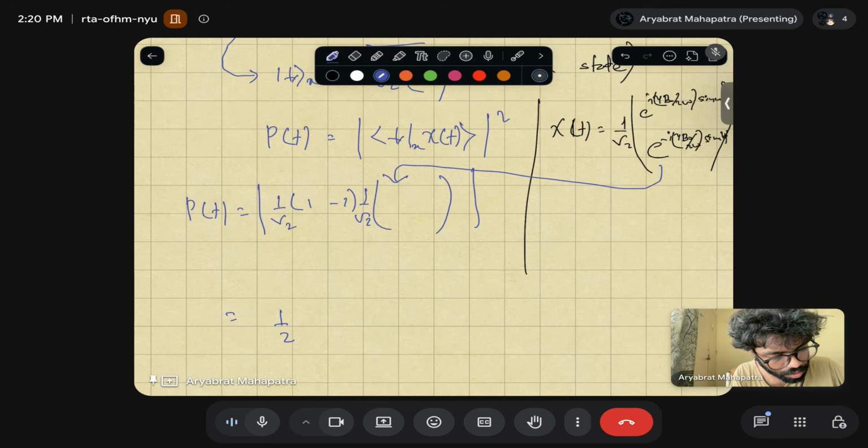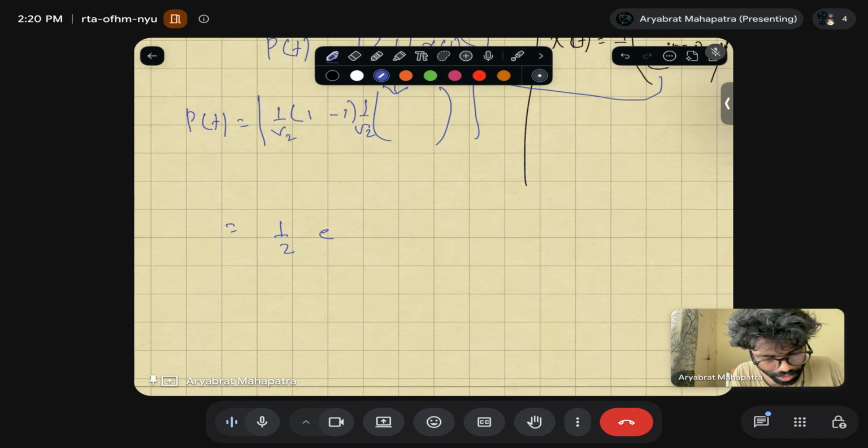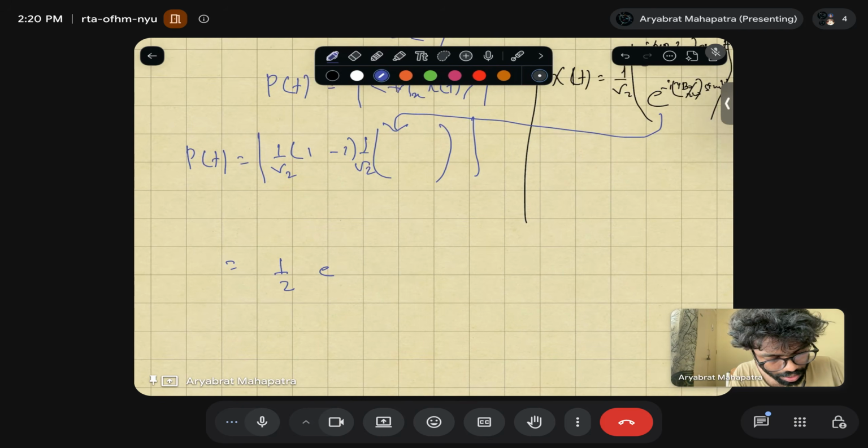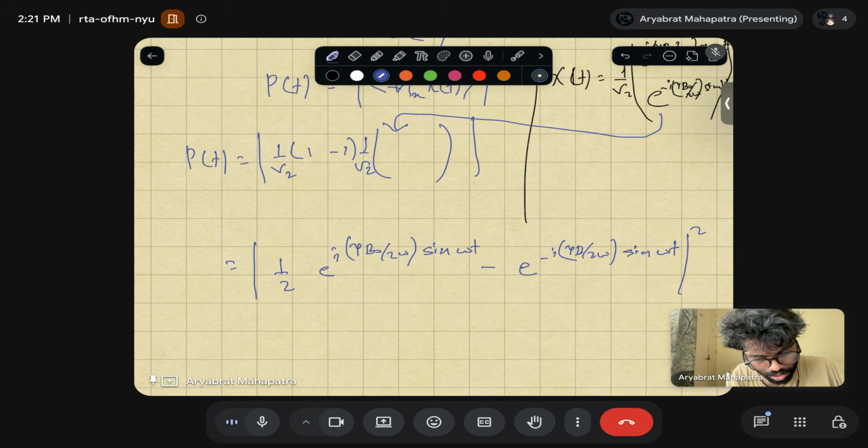There is also 1 over square root 2 here, so this will become 1 by 2, and you will have exponential i gamma B naught over 2 omega sine omega t minus exponential minus i gamma B naught over 2 omega sine omega t, and this whole thing you have to take the magnitude square.